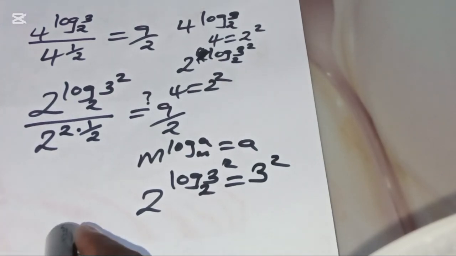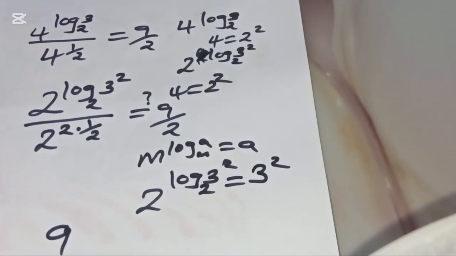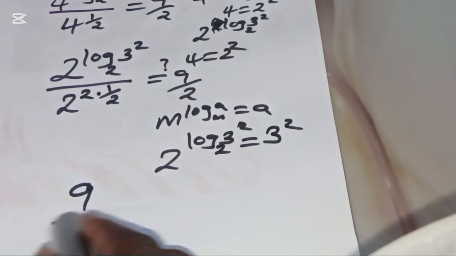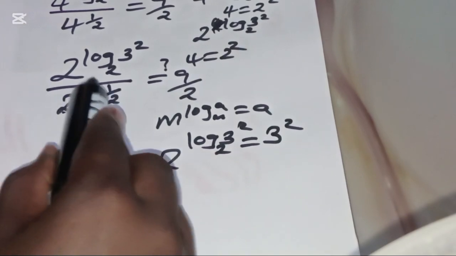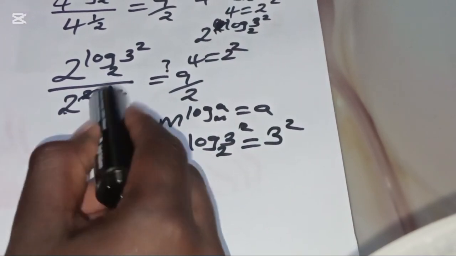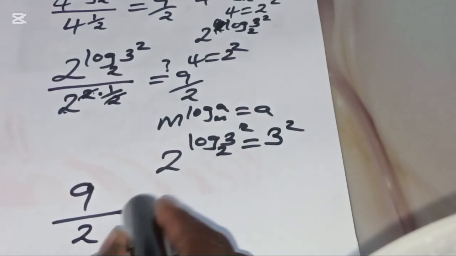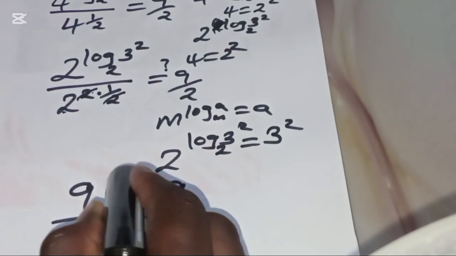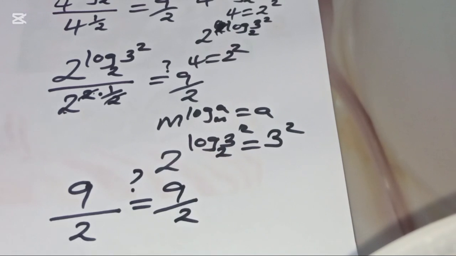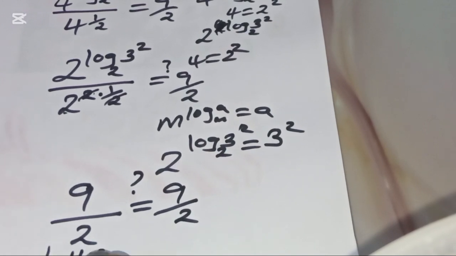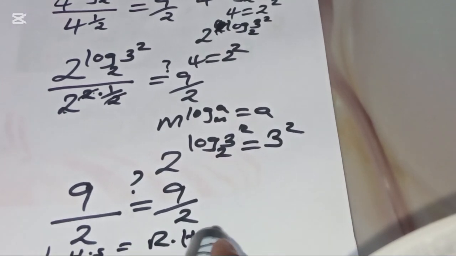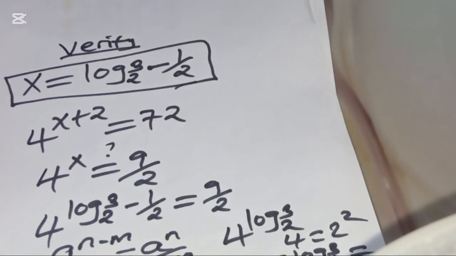We'll have 3 squared, which is equal to 9, divided by 2 to power 2 multiplied by a half, which is 2. So divided by 2, this should be equal to 9 over 2. As you can see clearly, the left-hand side is equal to the right-hand side, and that affirms that the value of x, which is log 3 to base 2 subtract a half, actually satisfies the equation.